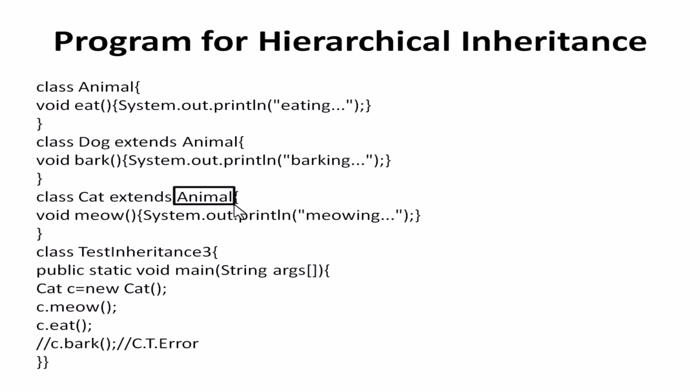If you see the properties of cat, it can have meow, which is inside this class, and eat, which is inside the superclass. Dog extends animal, but cat is not extending dog. Because of that, whenever you call the method c.bark, it is going to generate an error.